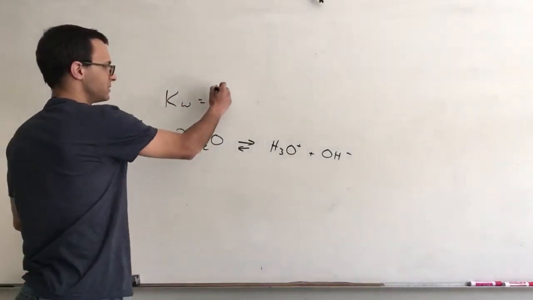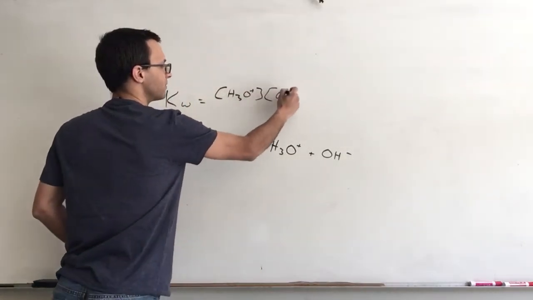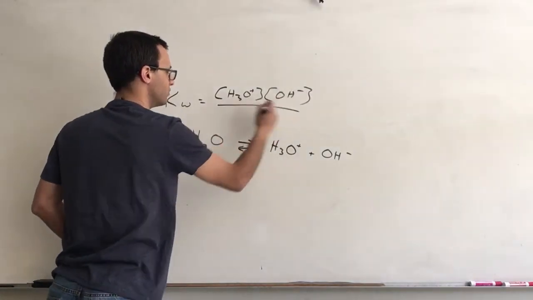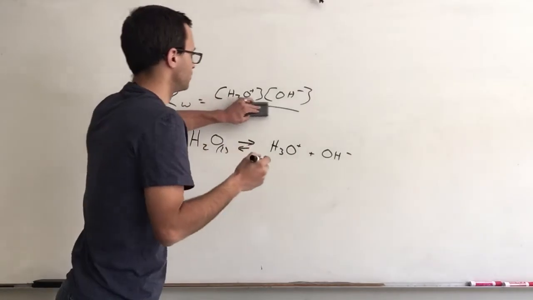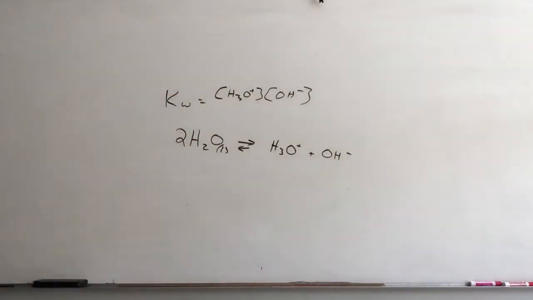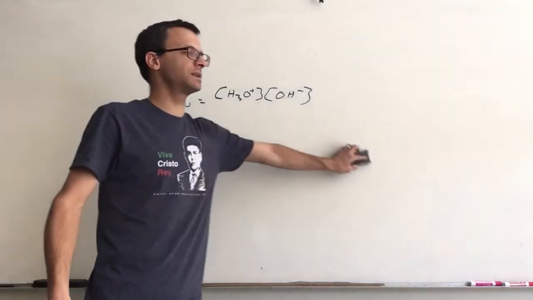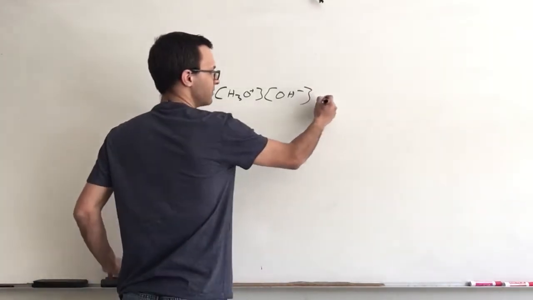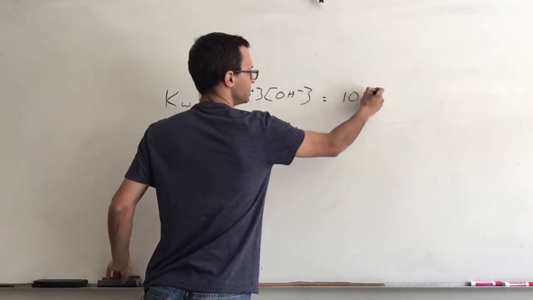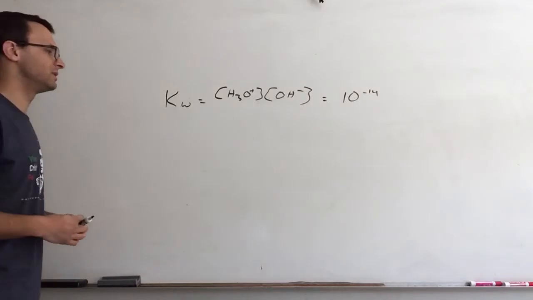So the Kw is going to be whatever you have on top over the bottom. In fact, this is a liquid, so there's no substance on the bottom. So the Kw is just the hydronium times the hydroxide concentration. Now in any water solution, this number will always equal 10 to the negative 14th. Kw is 10 to the negative 14th.